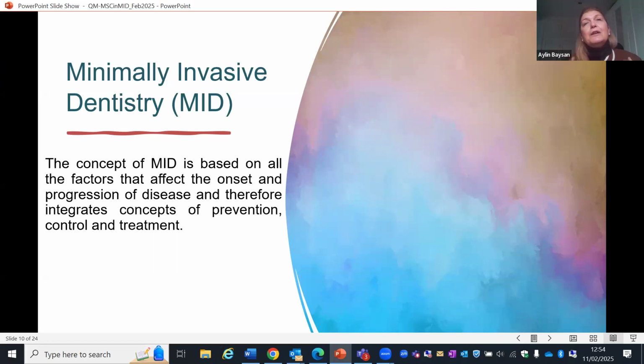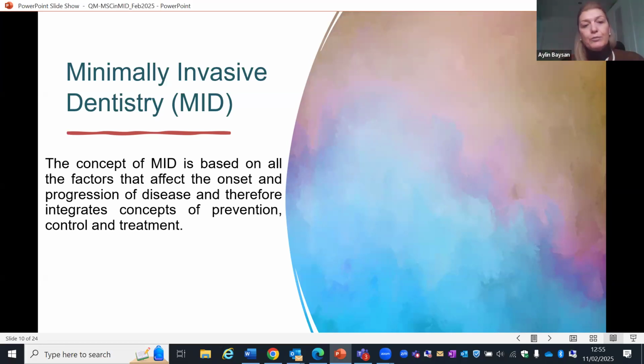Imagine if a patient comes and their own teeth cannot survive dental disease, how are all these veneers, implants, full mouth reconstructions going to survive? Therefore, the concept of MID is based on all factors.